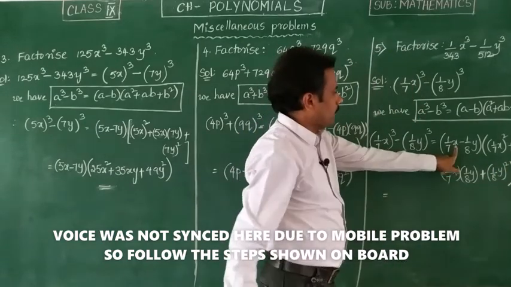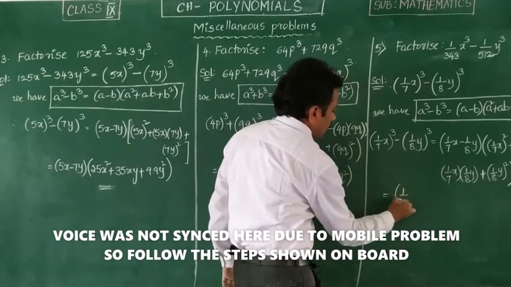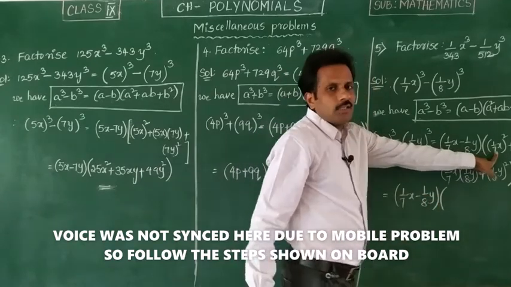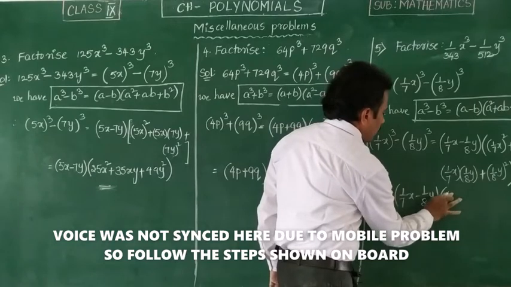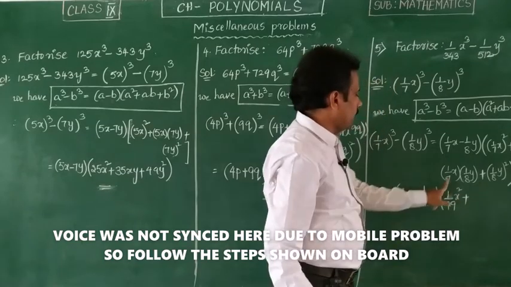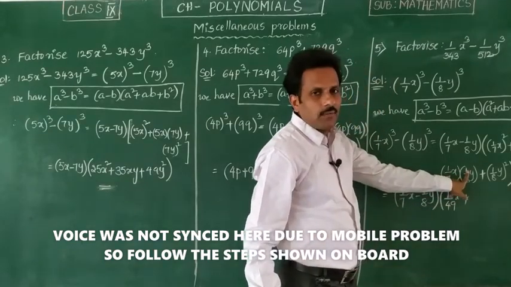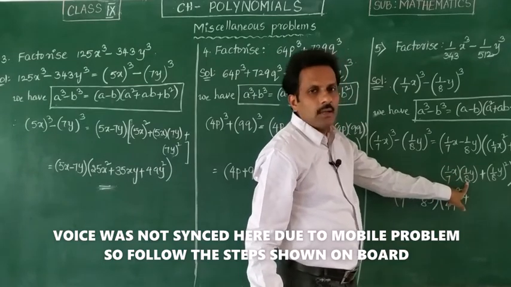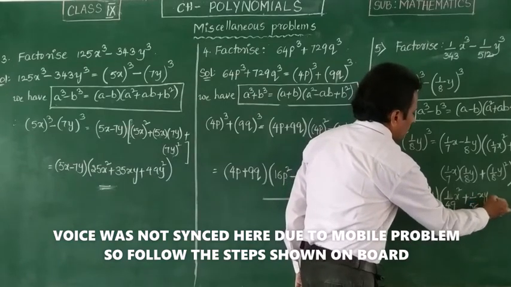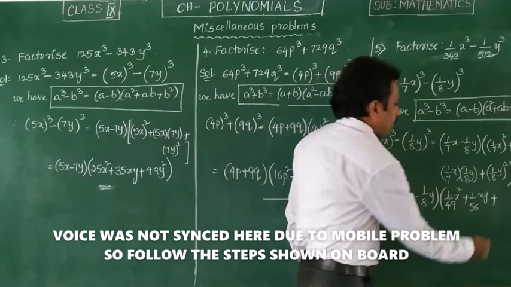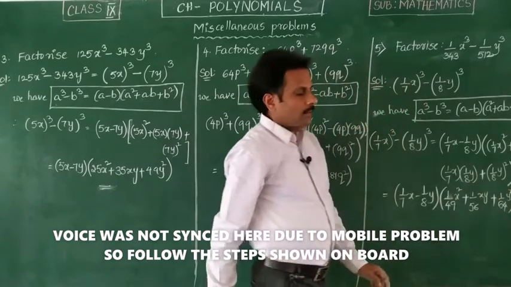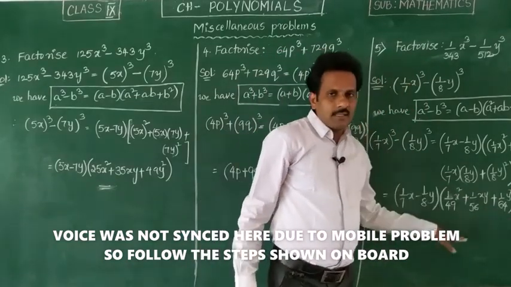Simplifying: 1 by 7x minus 1 by 8y multiplied by 1 by 49 x square plus 1 by 56 xy plus 1 by 64 y square. Now we have the irreducible factors because it cannot be factorized further.